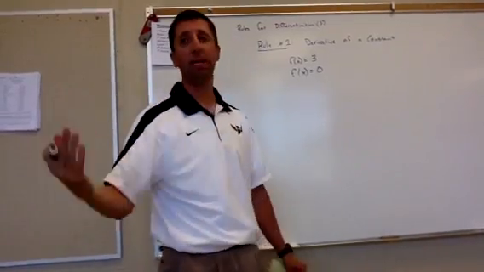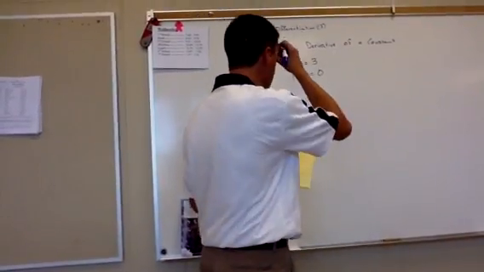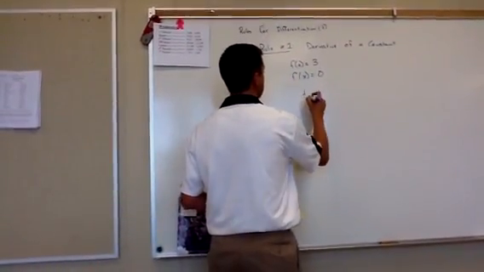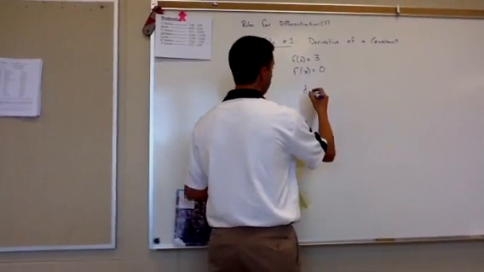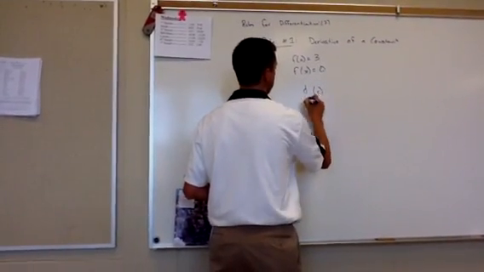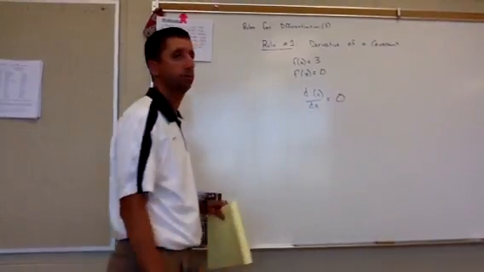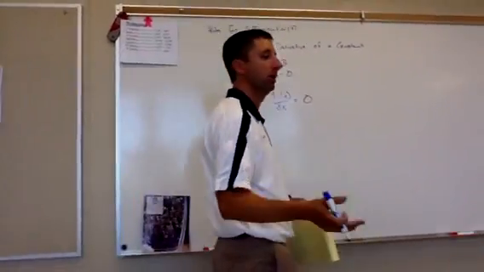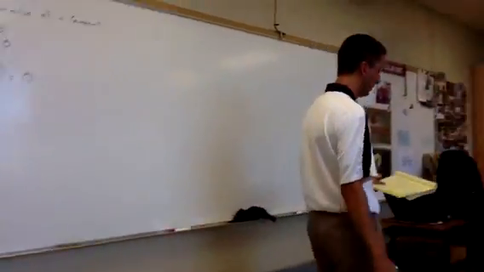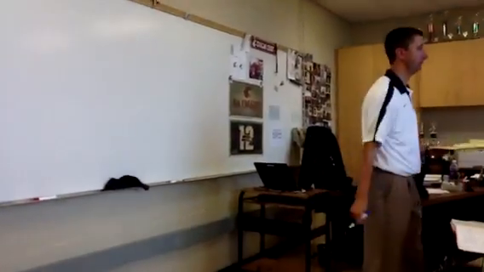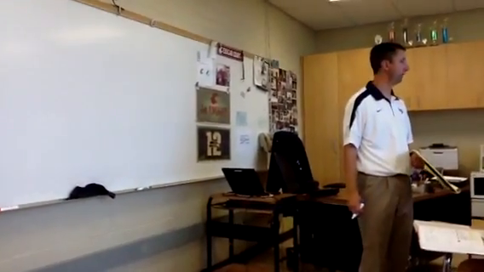The derivative of any constant is a 0. So we can write that this way. The derivative of a constant with respect to x is equal to 0. Okay? The derivative of a constant with respect to x is 0. That's rule number one. It's the easiest rule there is.